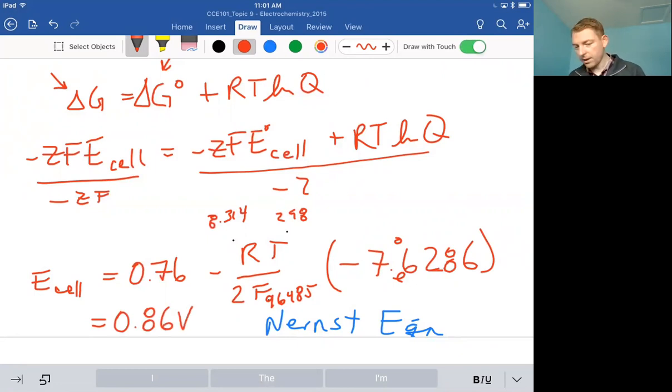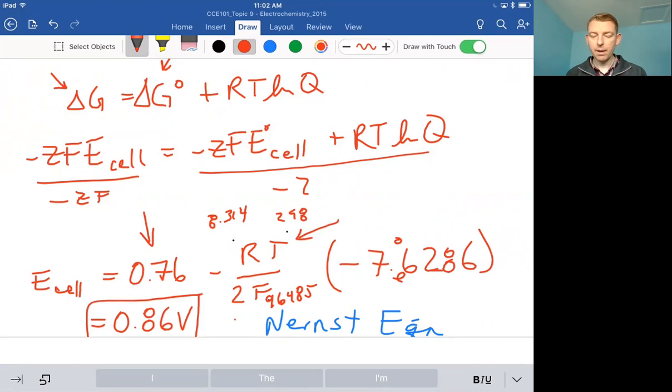Okay, and so that's essentially how we're going to do the Nernst equation, or how we're going to fill that out. So in all cases, you should be able to find the standard cell potential from the tabulated data. Temperature is most often given as part of the question. The moles of electrons still have to come from the balanced equation.